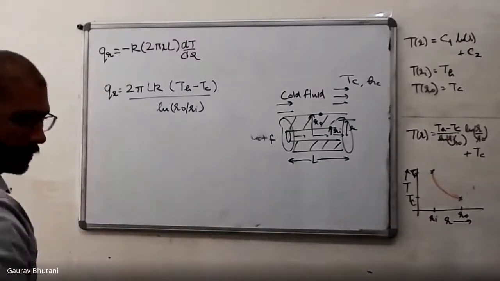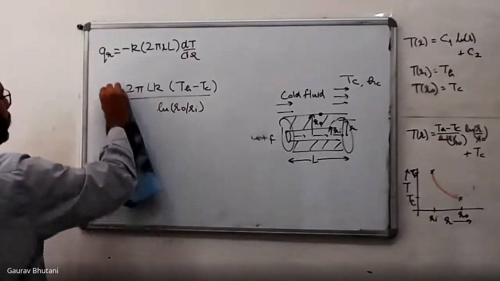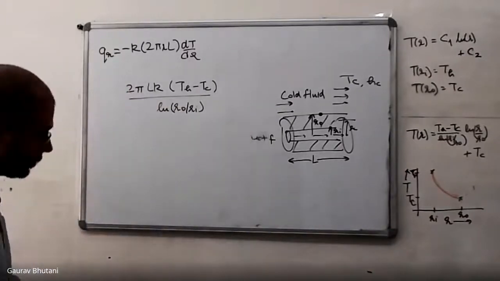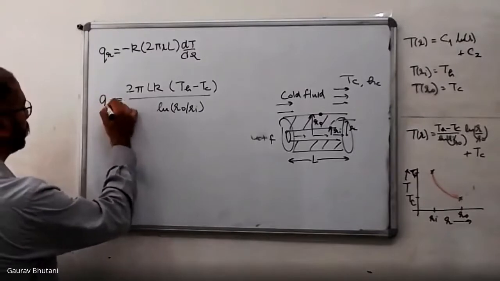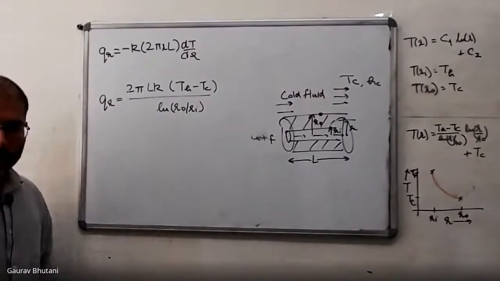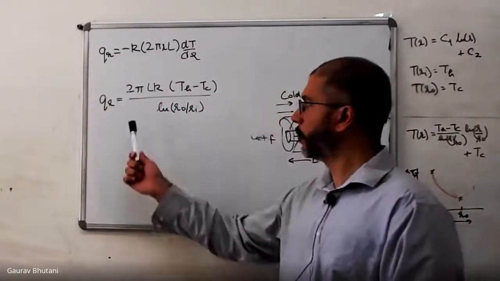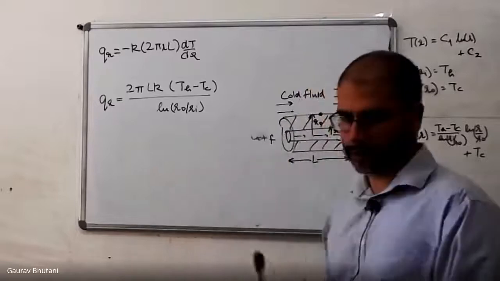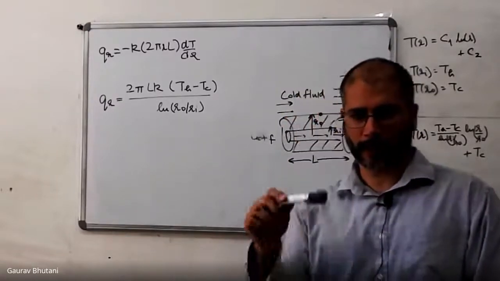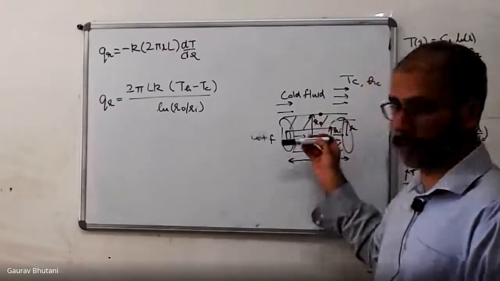Okay, so that's my QR. That's your rate of heat flow out of any cross section of the pipe, well, lateral cross section.